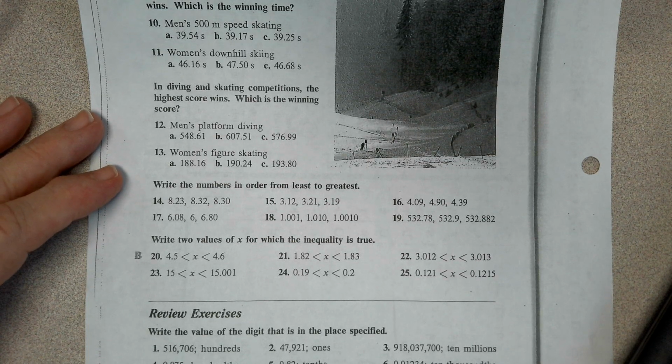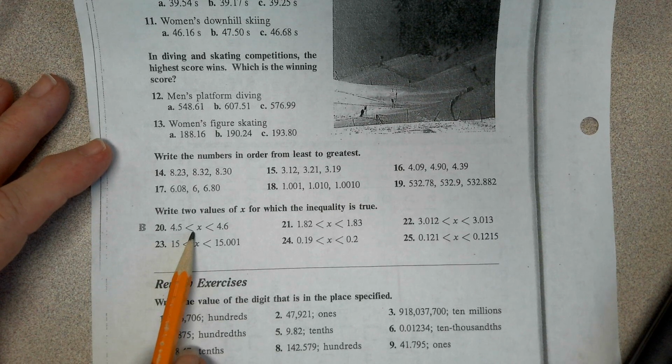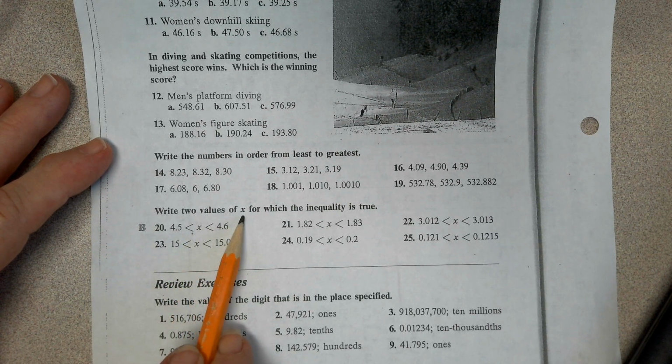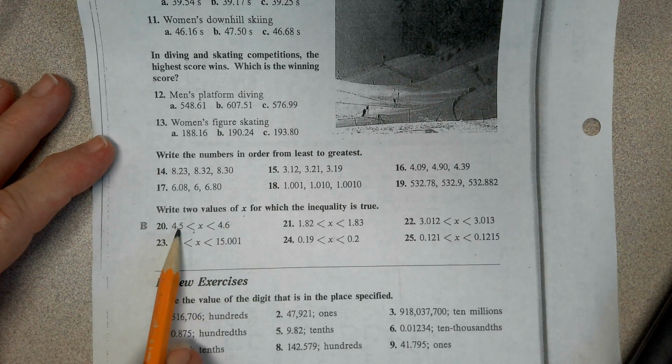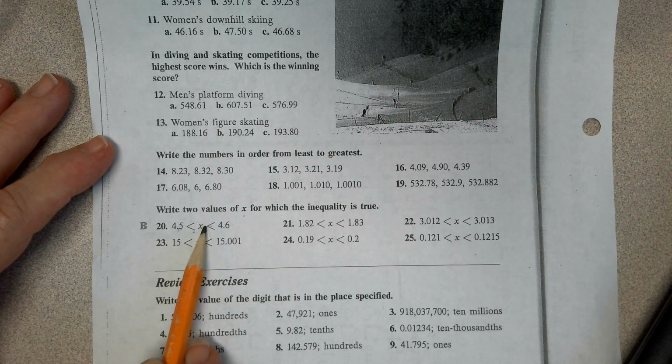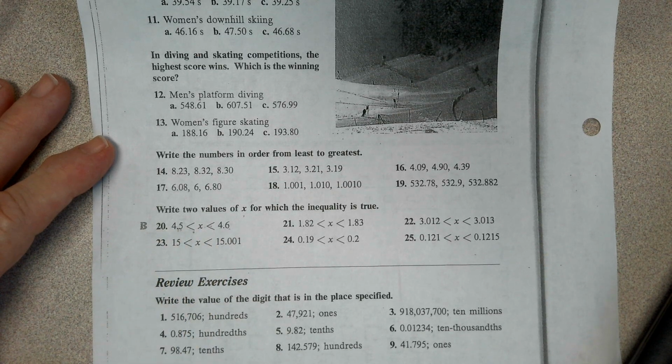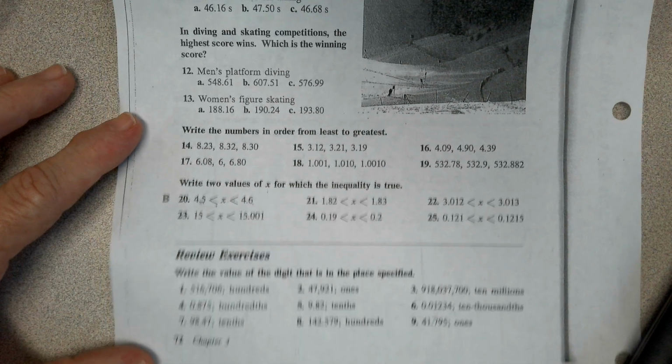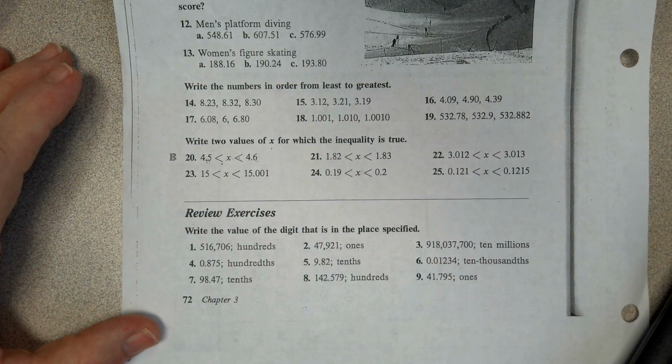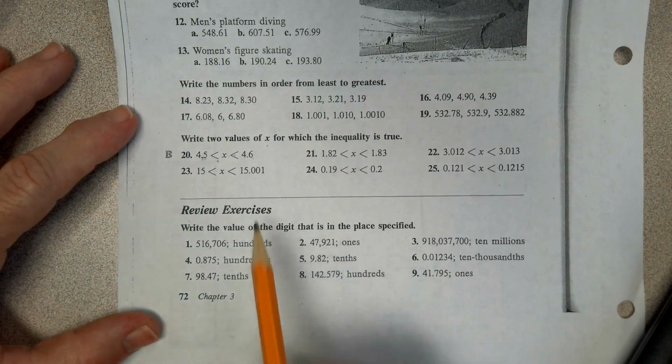But we're going to look at this one real quick. It says, give 2 values of x that's in between, that's where 4.5 is smaller than this number, but 4.6 is going to be greater than that number. Oh, this is a challenge.